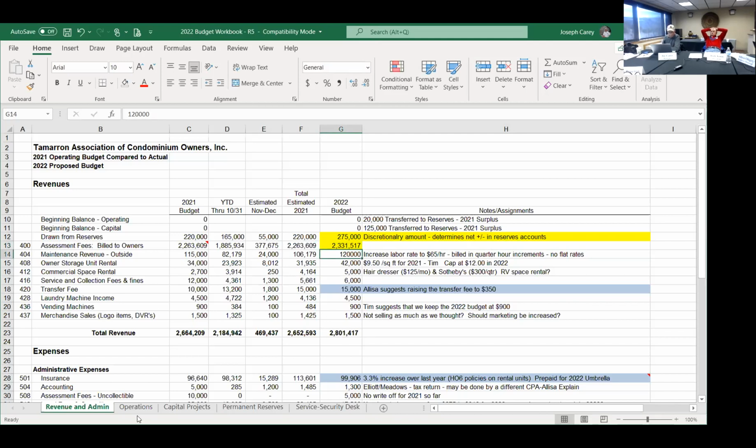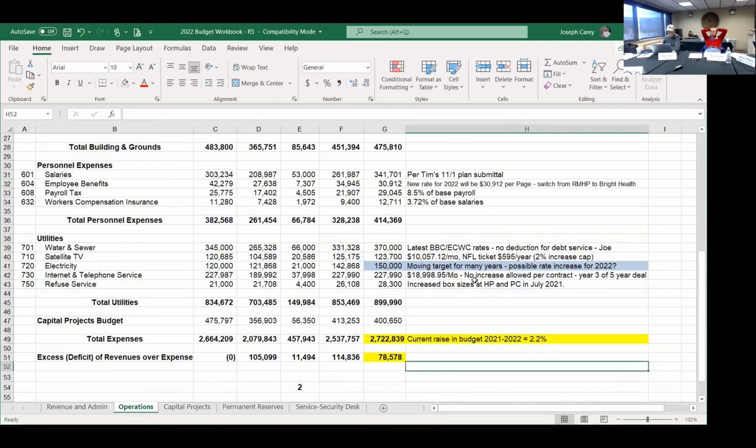And then you come back over here, we could add another 78,000 to the reserves contribution and have a balanced budget.